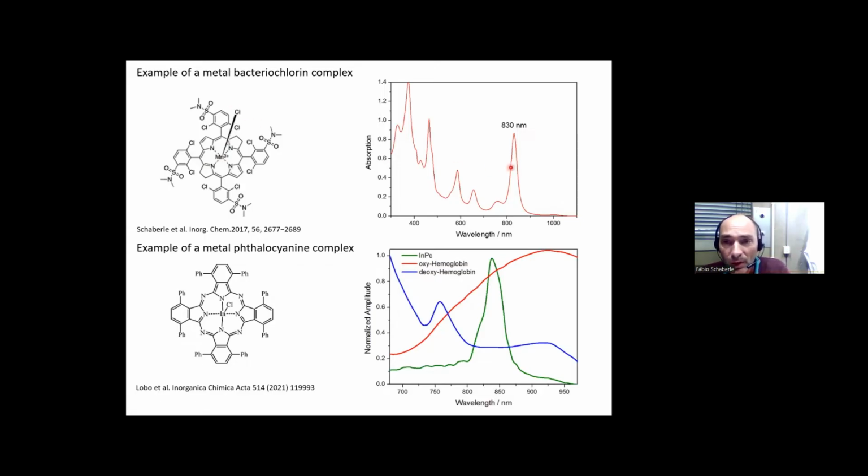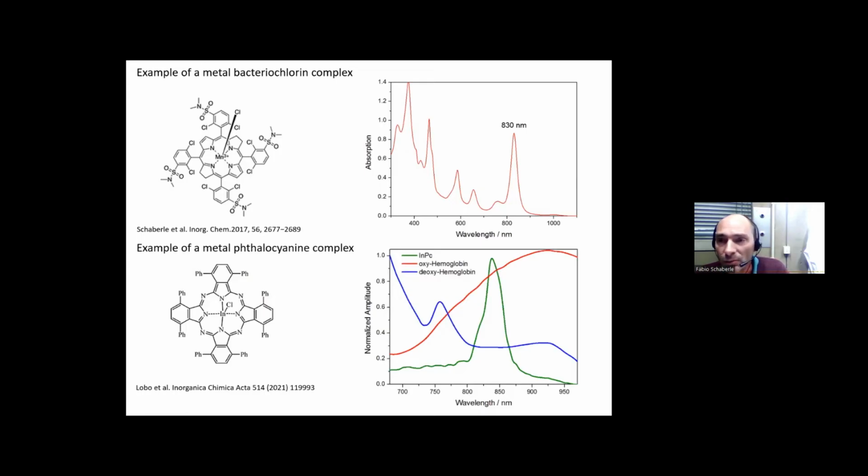So it absorbs at 830 nanometers, and most of the light will return to the ground state as a non-radioactive decay, producing a photoacoustic signal. Here we have a phthalocyanine complex that absorbs at 850 nanometers, and that will produce a huge photoacoustic signal too. So these 2 molecules are examples of photoacoustic exogenous contrast agents.